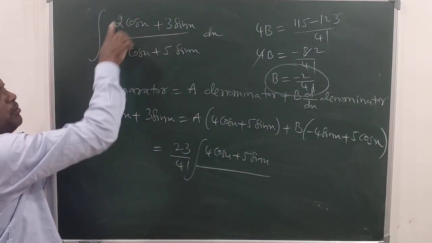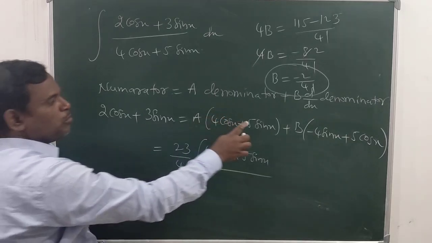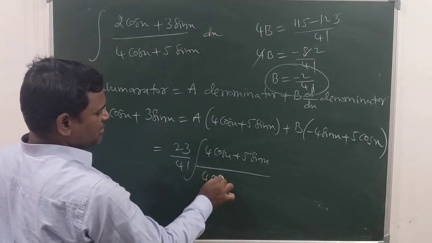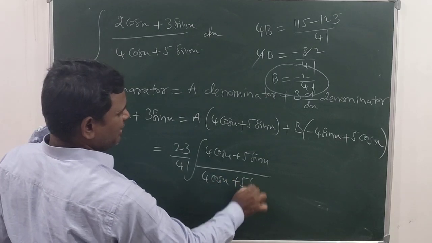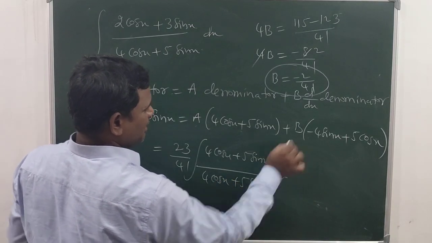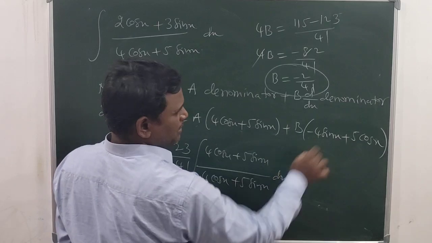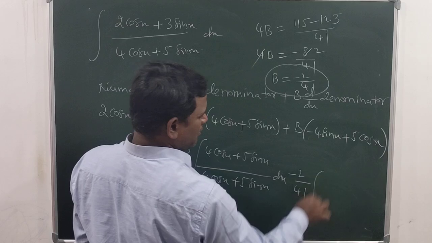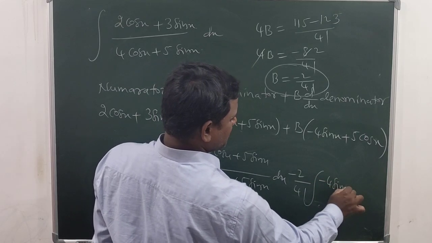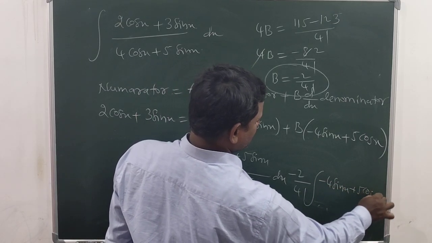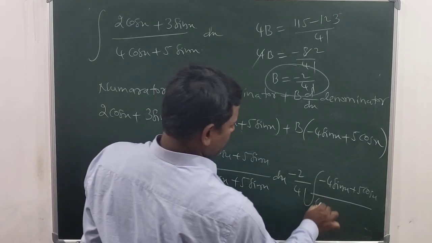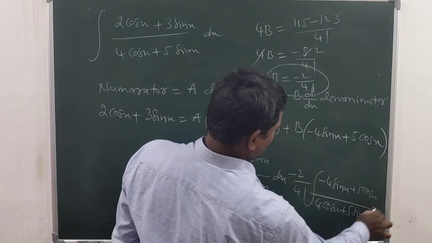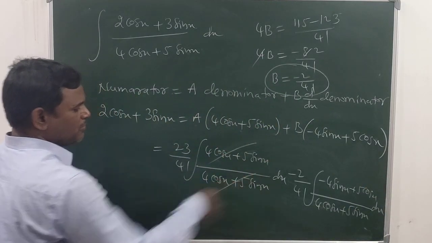Just in the place of numerator we are writing this, so both should be divided with the denominator. So here 4 cos x plus 5 sin x dx, plus B value minus 2 by 41 of (minus 4 sin x plus 5 cos x) whole by (4 cos x plus 5 sin x) dx. Now both of them cancelled.